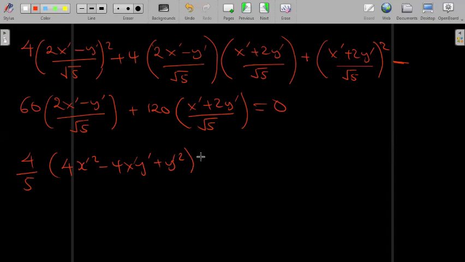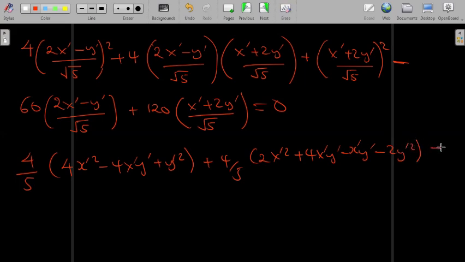Then you do the same for that one. You factor out the 4, 5, then you just have 2x prime squared, then plus 4x prime y prime minus x prime y prime, then minus 2y prime squared.